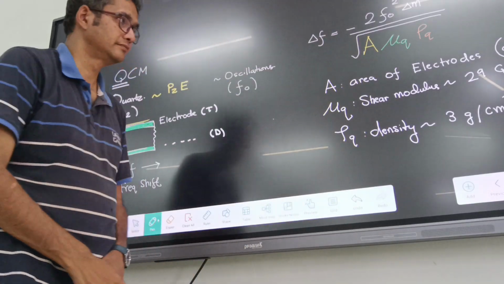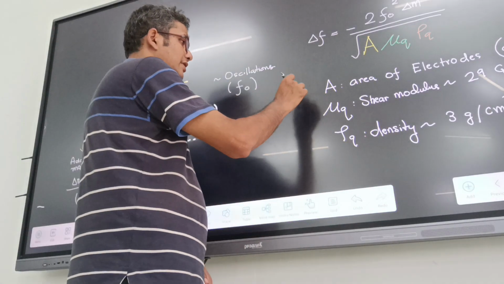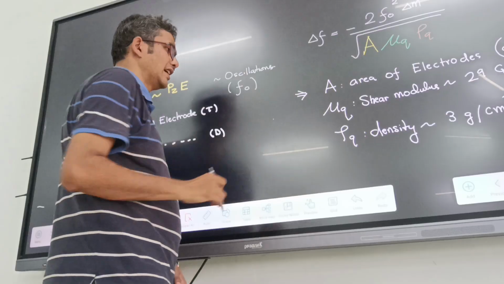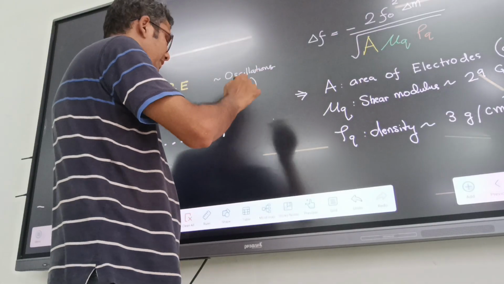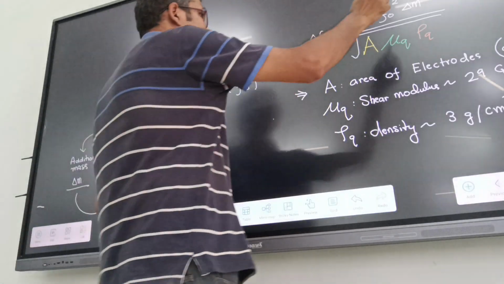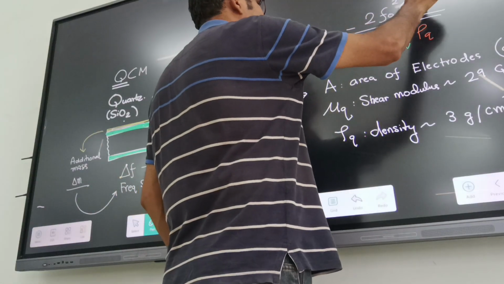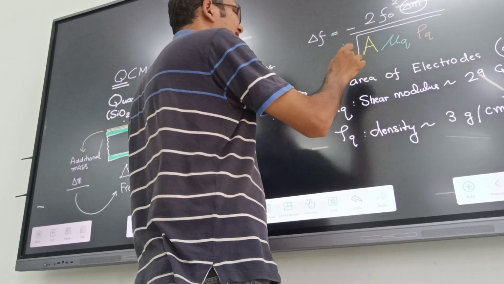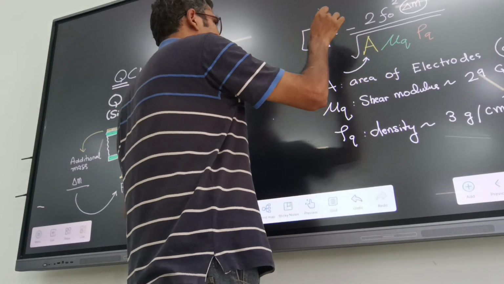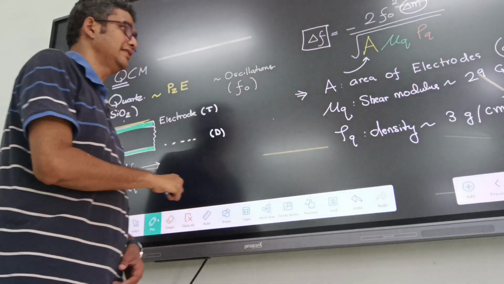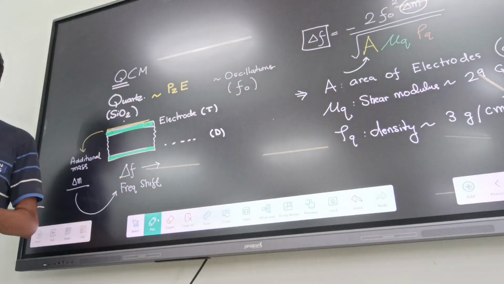Okay. So here you can see the dimension has a role in the frequency. यहाँ पे ये वाला mass important है, this change in mass, area and the frequency shift. These are the three very important.